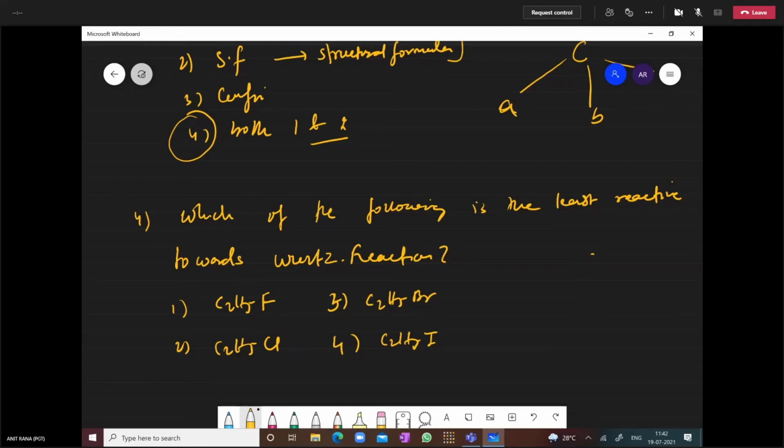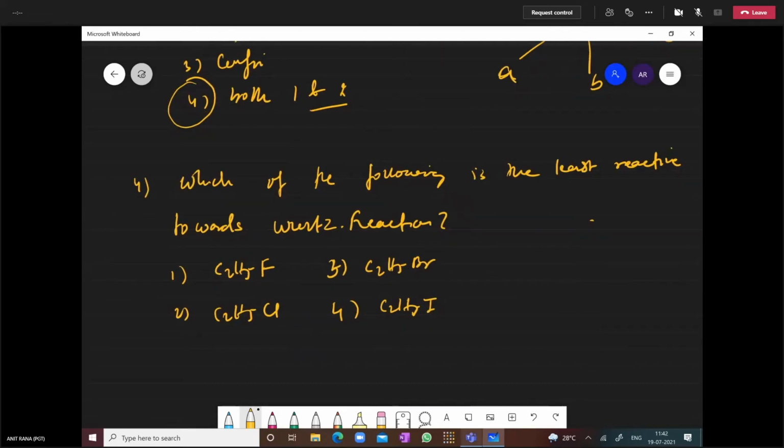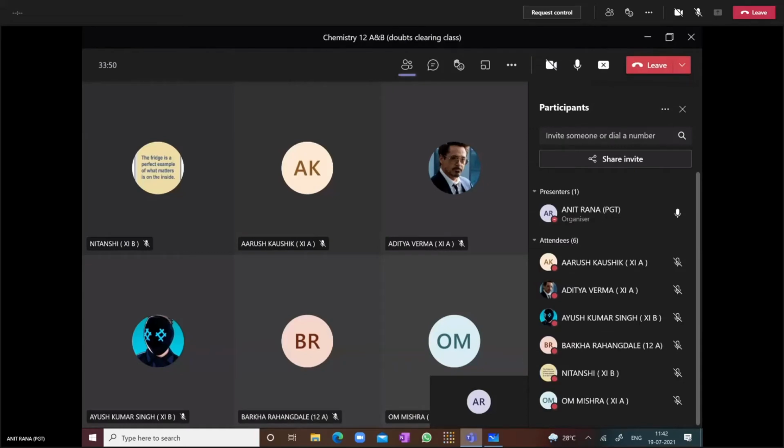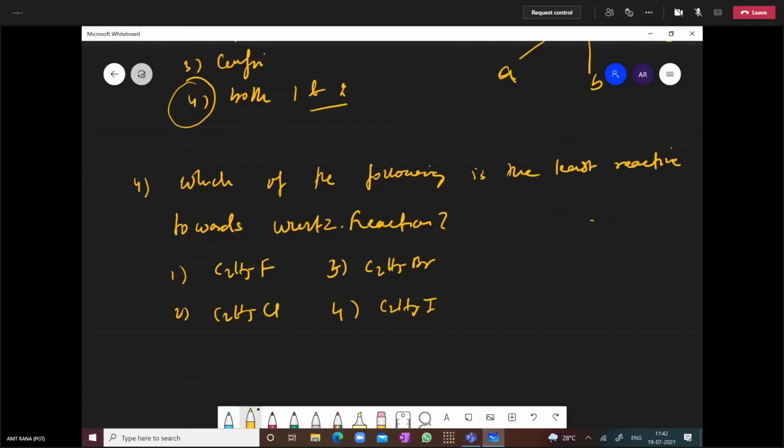Anyone? Was the answer option 2? You said option number 2, this is chloride. See, Wurtz reaction comes in which chapter?